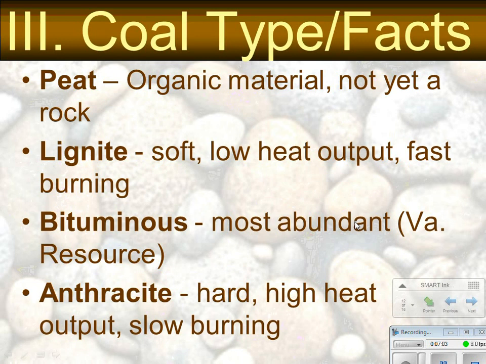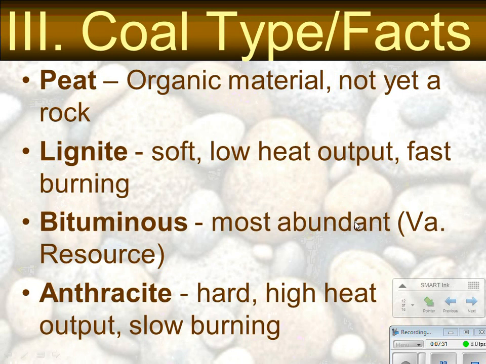Lignite is the soft, low heat output, fast burning coal. Bituminous coal is the most abundant type of coal, and that's actually a Virginia resource. You found it out in the Appalachian Plateau, way out on the western part of the state. And then anthracite, hard, high heat output, slow burning.